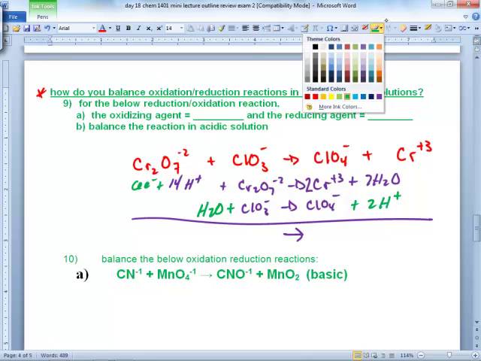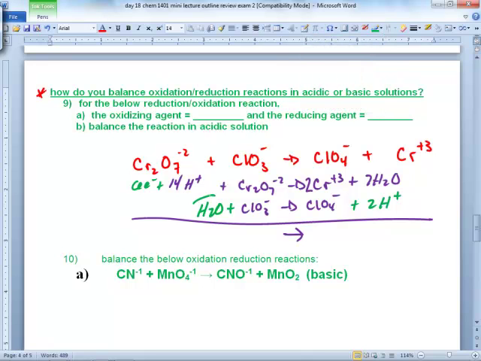Okay, Monica. Let's do that charge. Monica Lopez. Oh, let's pick a different color. Okay. What's the charge there? 0. Here, Monica, -1. So my whole side here is -1.